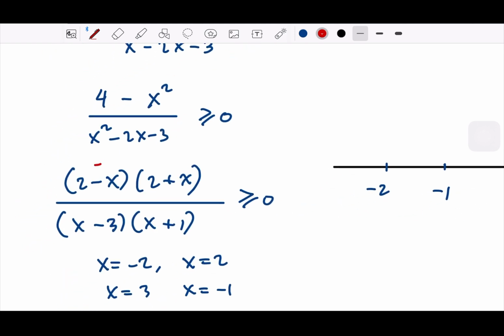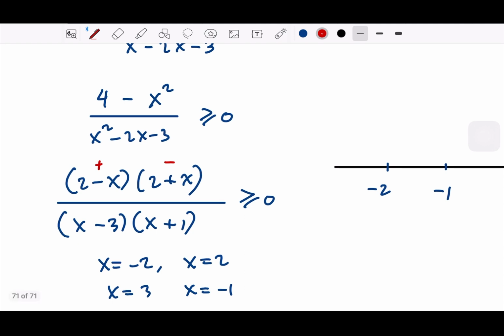So this will be positive, negative, okay. It's negative, negative, so it should be negative. And how about between here? Maybe we could take -3/2. So it's positive.